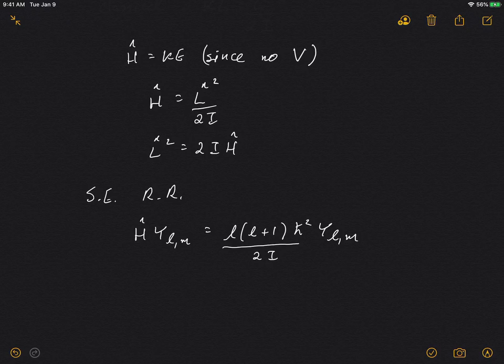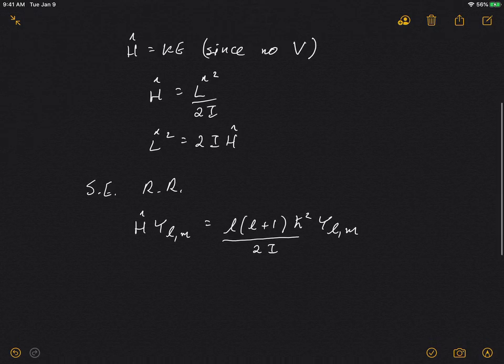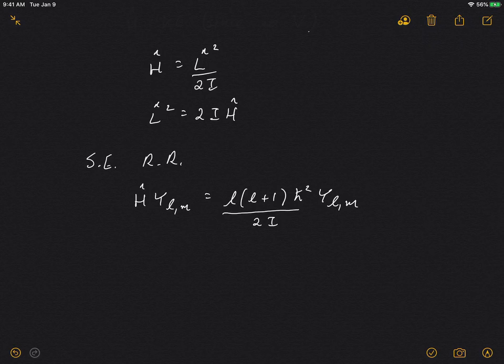By comparing this to the expression above, if we multiply both sides by 2I, the 2I cancels on the left-hand side, and 2I times H, where H is the Hamiltonian, is L squared.